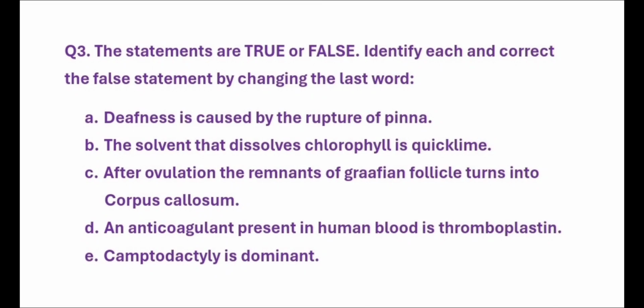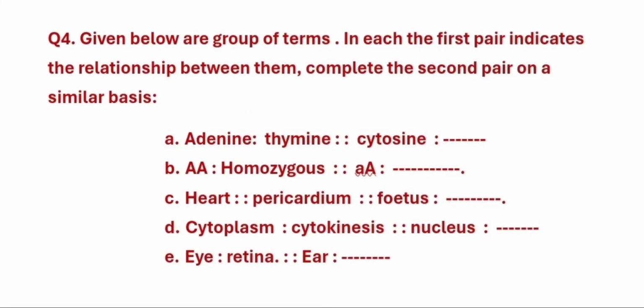And you will also find that by changing the last word, the false statement can be corrected. In this case, you have to write the entire sentence instead of just changing the last word. So, rewriting the entire sentence once again is the advice from my side.